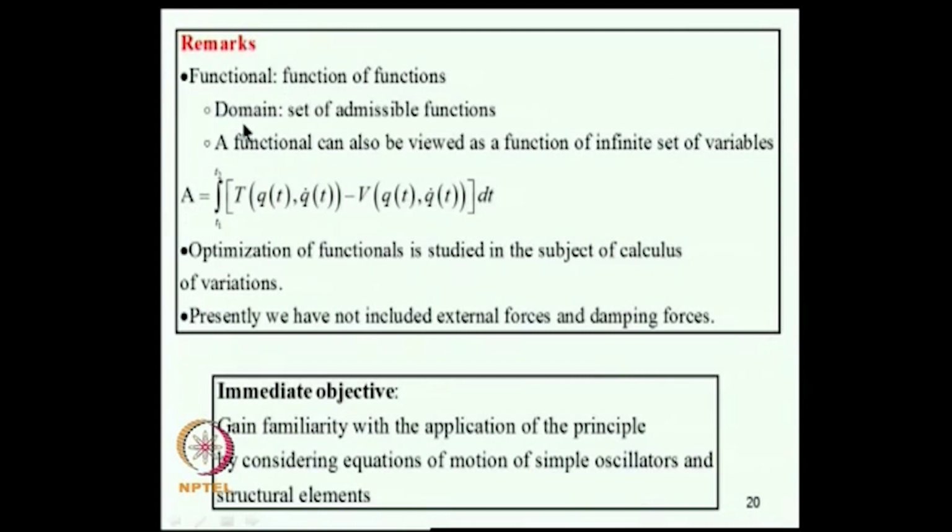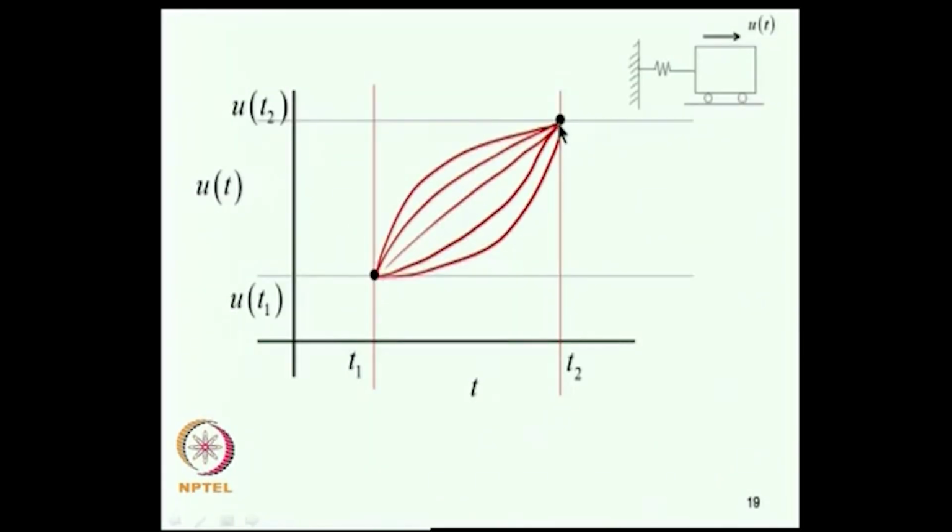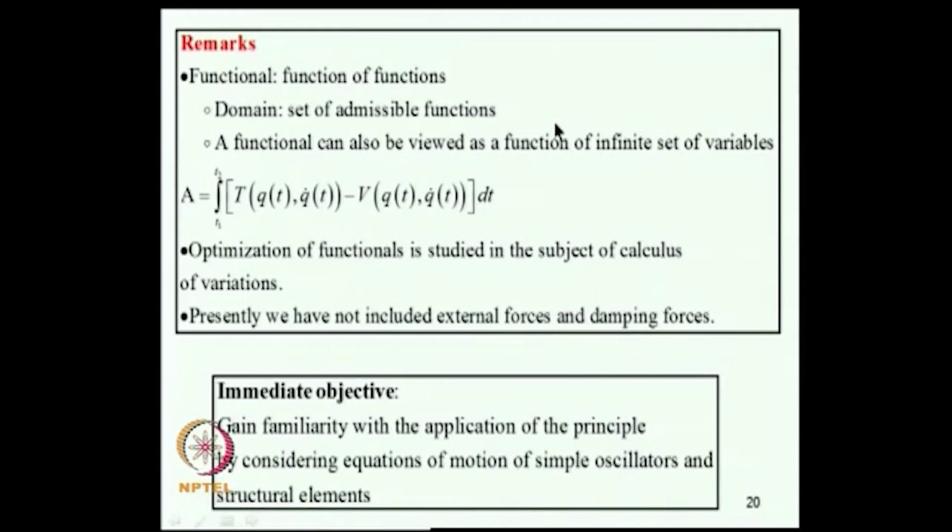That means, for a functional, the domain is a set of admissible functions. The admissible functions are those which, for example, pass through these two points and are admissible for this problem. So, A is a functional, because for different choices of q of t and q dot of t, I can get different values of A. A is a function of functions, because q of t and q dot of t are themselves functions of time.